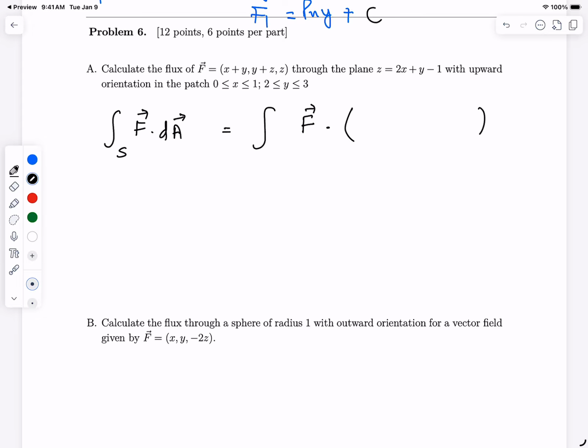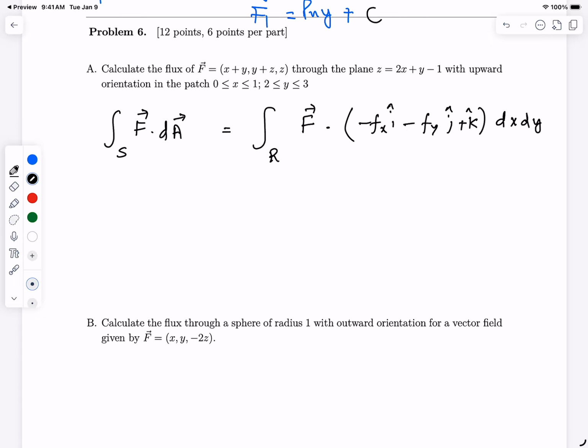What was that? Negative fx i hat, negative fy j hat, plus k hat, if I am not wrong, and integrate it over the region with respect to the area element, which is dx dy, something like that. Do you remember? You are given a surface by an equation z equal to f of x comma y, and this is how we compute the flux through this surface S.